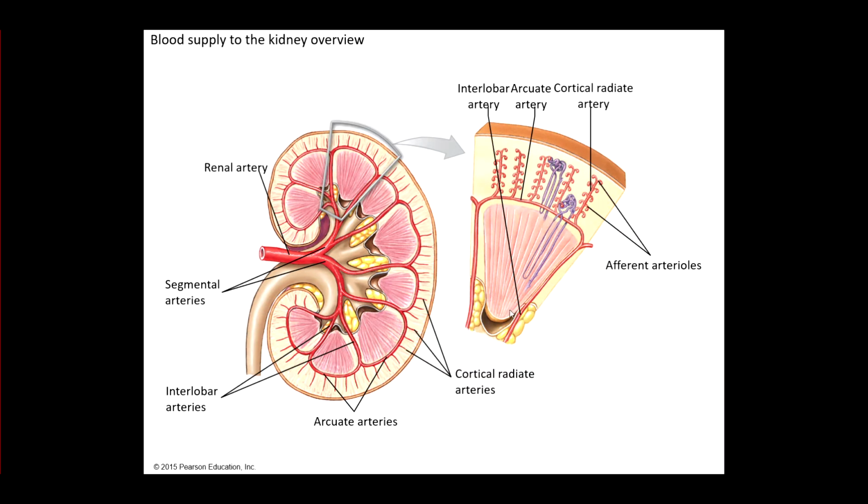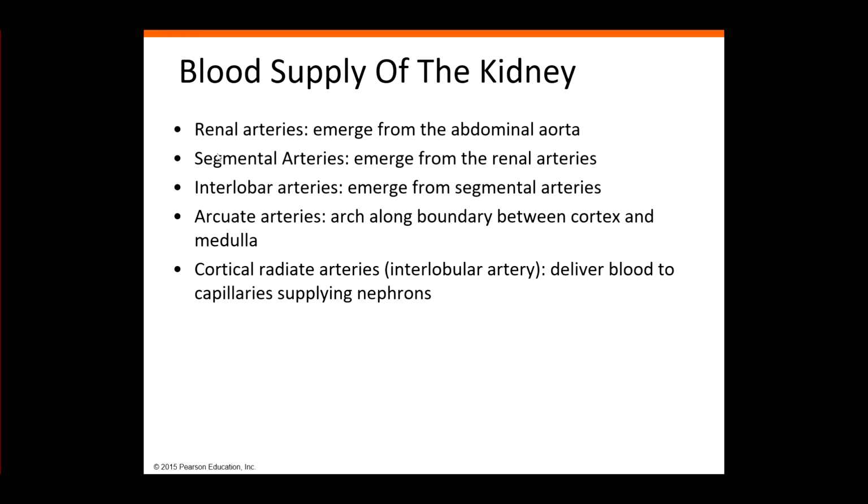Renal arteries become segmental. Segmental further branch into interlobar. Then the interlobars arch over the base of the pyramid, and from the arcuate arteries we're going to have all these little radiations known as the cortical radiate arteries, and they're going to bring the blood up to the nephron, which is the filtering unit.